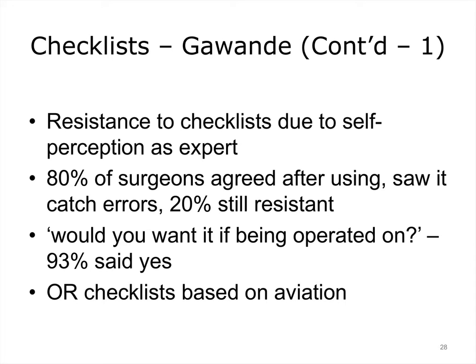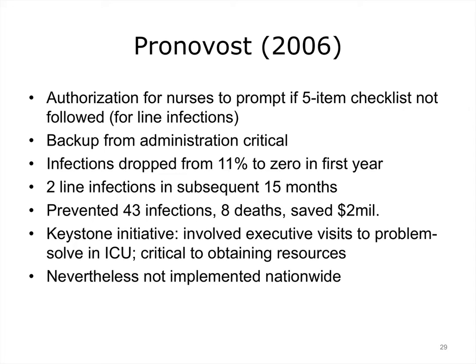However, 80% of surgeons agreed they were valuable after using them, while 20% were still resistant. When asked if they would want checklists to be used when being operated on, 93% said yes. Peter Pronovost, the originator of the recent emphasis on checklists, also had to change team communication.